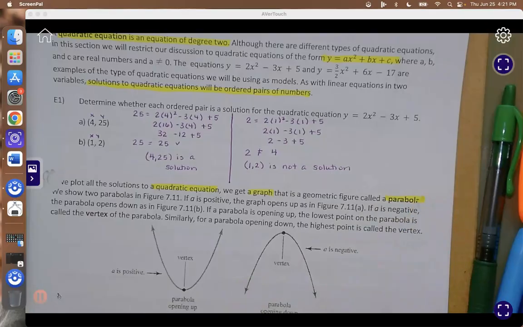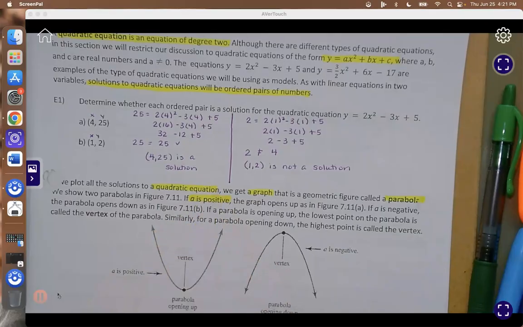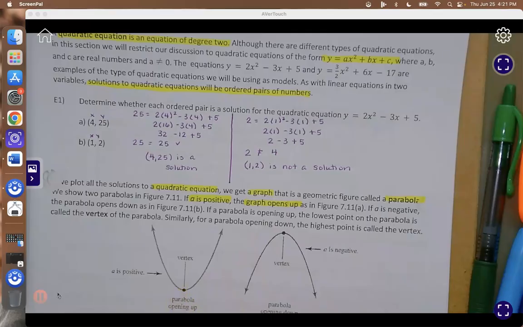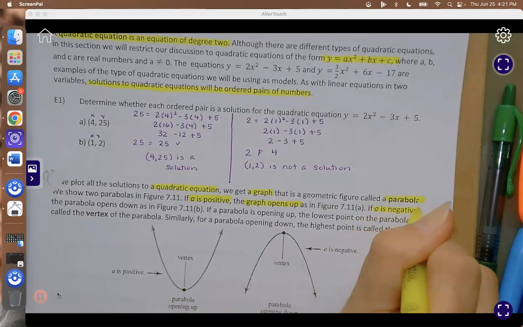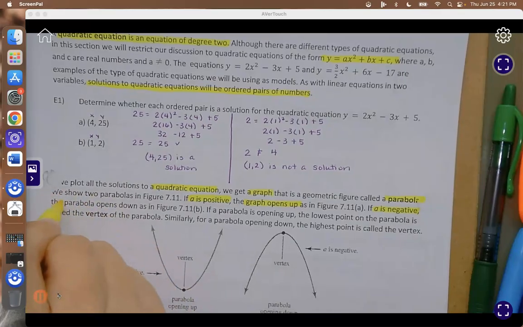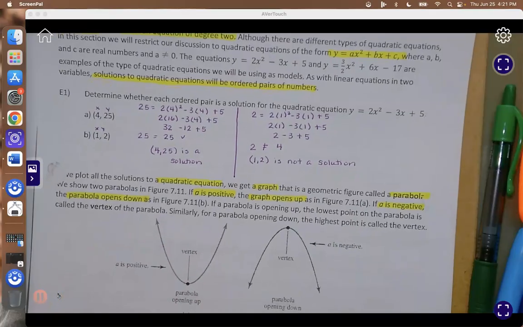Okay. If a is positive, so the number on the square term is positive, the graph opens up. If a is negative, the parabola opens down. Okay, and so here's some examples of that.